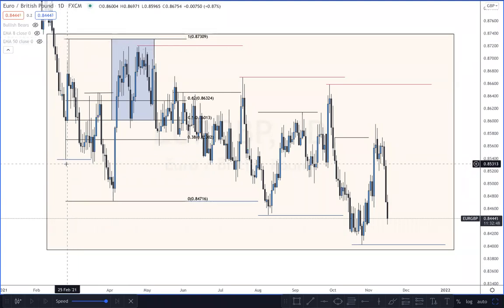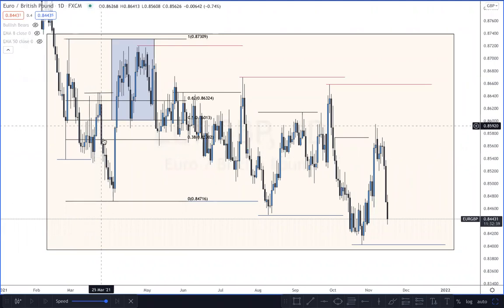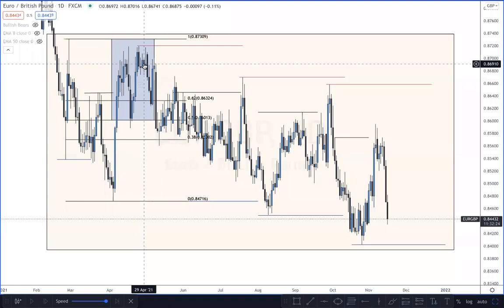I'm going to repeat: the low that created the high where I am pulling my Fibonacci tool from, immediately I break past it, I'm not selling. And if I want to sell, the next opportunity will be when I break above the 50% of this retracement tool.